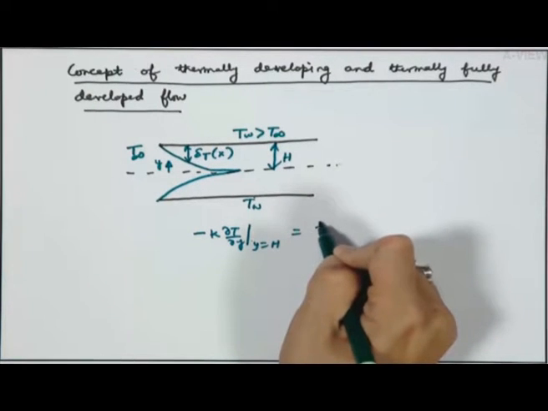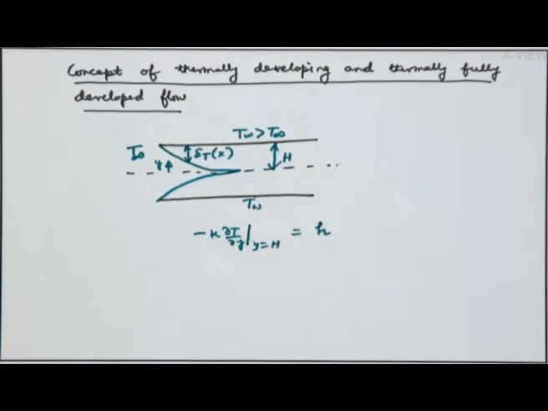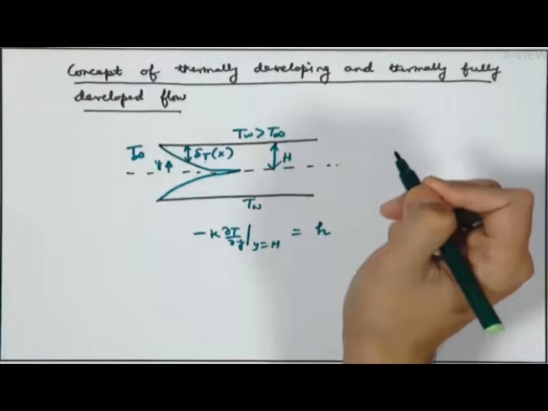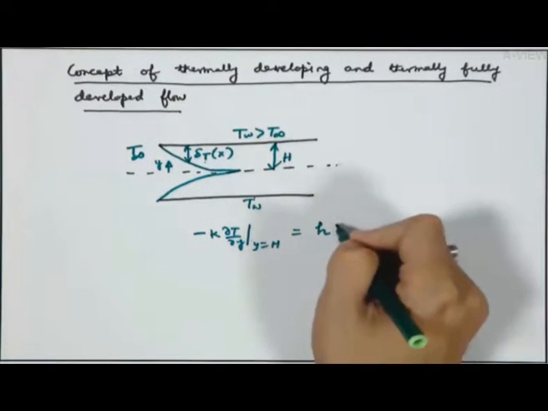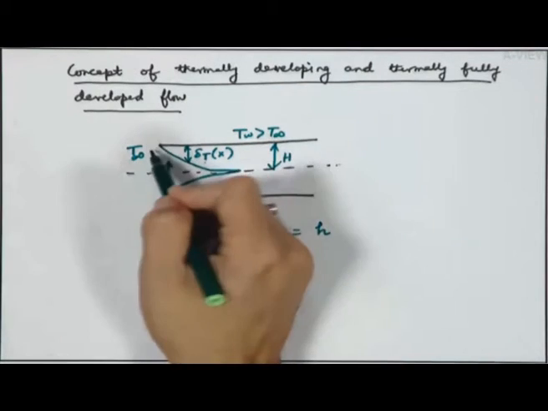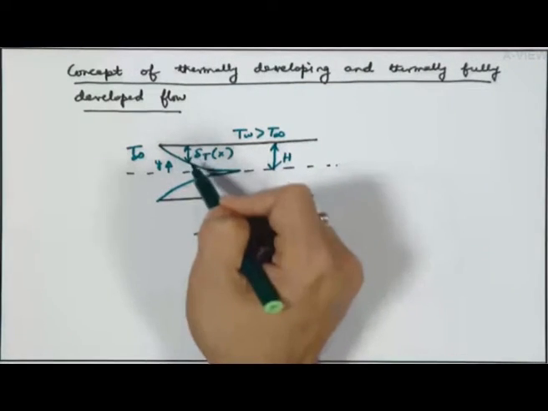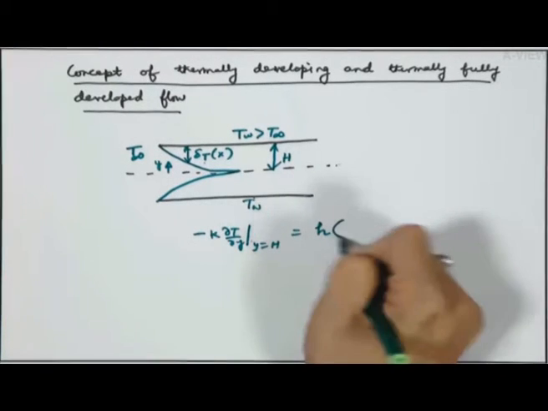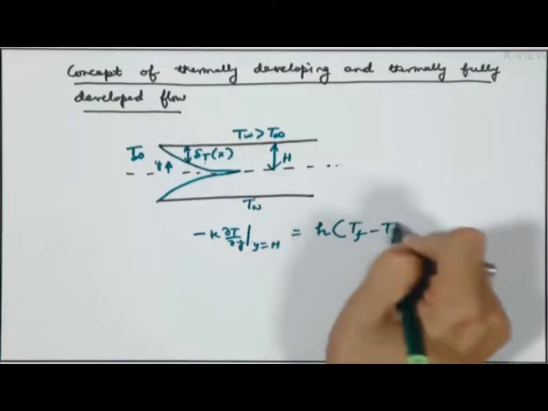is equal to h into, now we define something. We are going from the fluid side to the wall side, so it will be proportional to T of fluid minus T of wall. But T of fluid is not T infinity anymore. T infinity is outside the channel, but within the channel T of the fluid is not T infinity. So, let us write some Tf minus T wall.